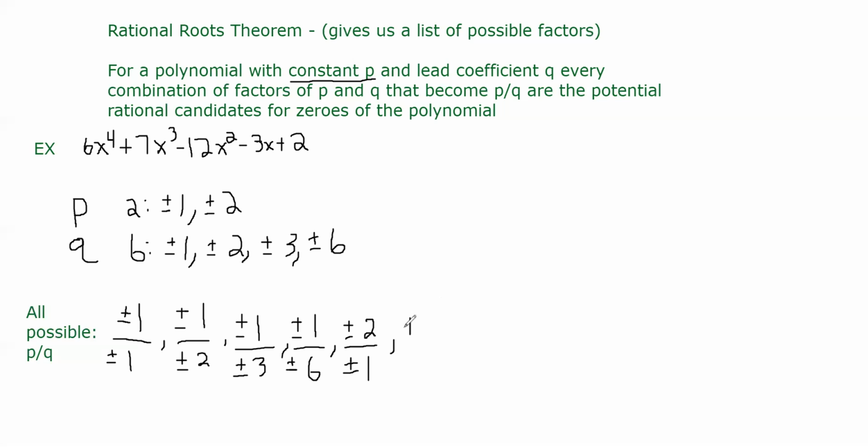Then we got to do plus or minus 2 over plus or minus 2. Then plus or minus 2 over plus or minus 3. And finally, plus or minus 2 over plus or minus 6.